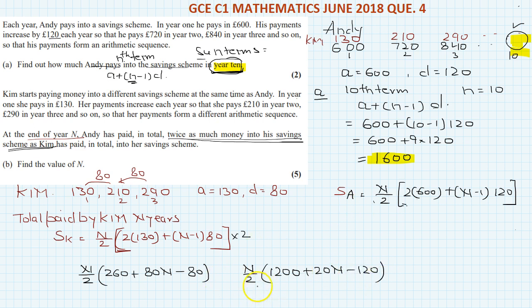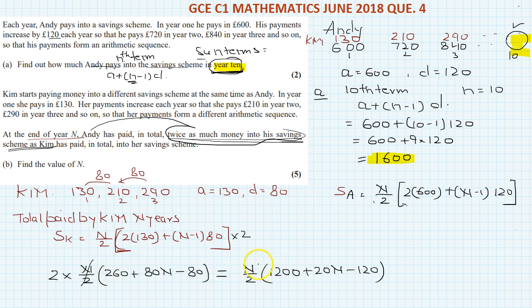This is the money saved by Kim and this is the money saved by Andy. But Andy has saved twice as much money into the account as Kim. So this is double, so we have to multiply it by 2 to make it equal.